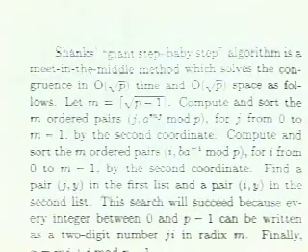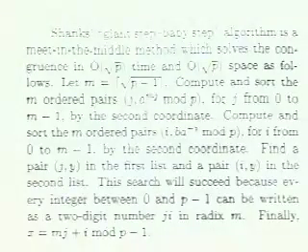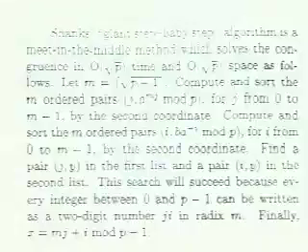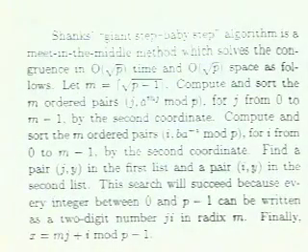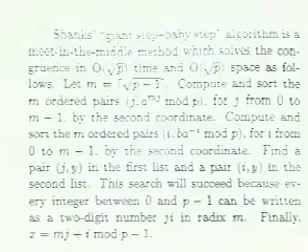There is another algorithm. This is called Shanks' giant step, baby step algorithm. This is a meet in the middle method, if you know what that is. If you don't, well, then this is what a meet in the middle method is. The idea is, okay, I'll get to the idea in just a second.